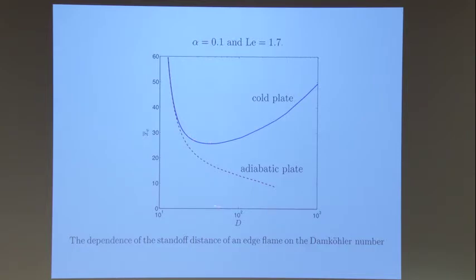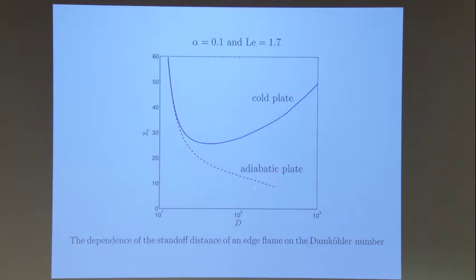Otherwise, when you reduce the Damköhler number, meaning you increase the flow rate, the flame will lift off, right? The position will increase higher and higher. We're going to see in a minute if this is possible or not, and under what condition.